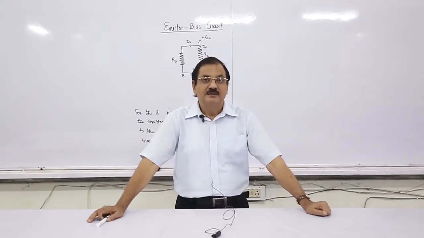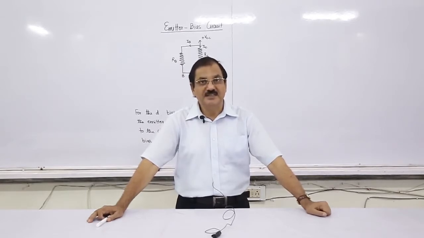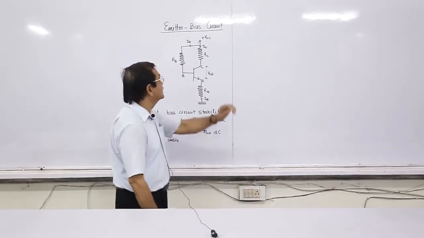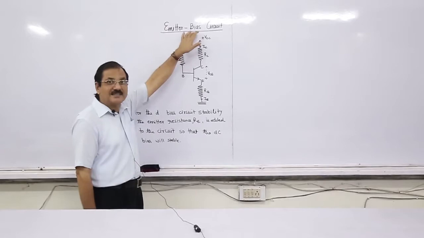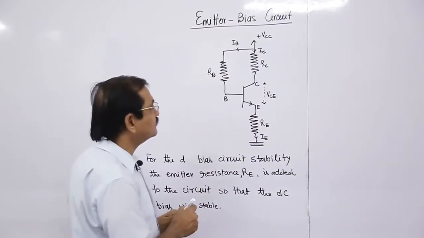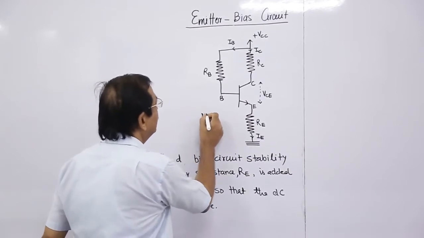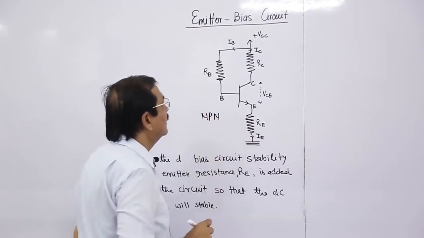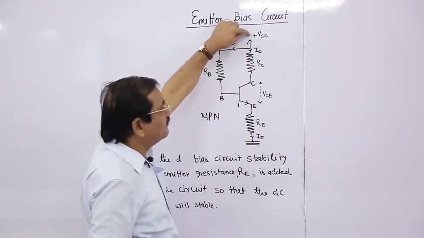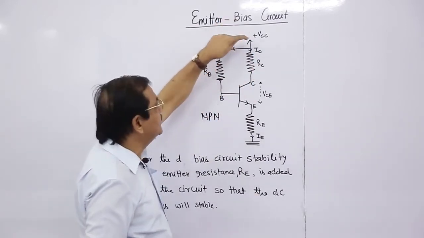Here more stability can be obtained with the help of the addition of an emitter resistance, so it is named the emitter bias circuit. In the emitter bias circuit we have this NPN transistor, and the supply voltage plus VCC is attached.